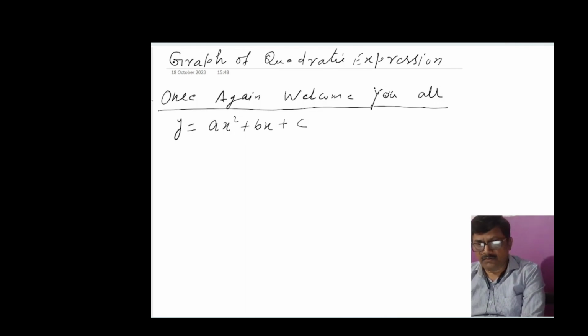Now first of all, I will make a perfect square of this quadratic expression. How will we make the perfect square? Take a common. So this will be x square plus b upon a into x plus c upon a, like this.